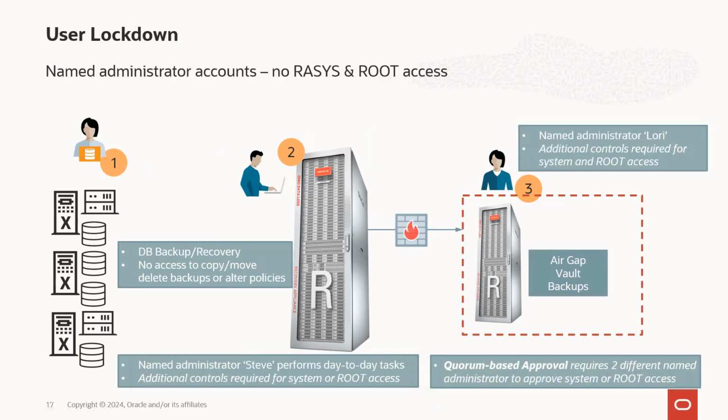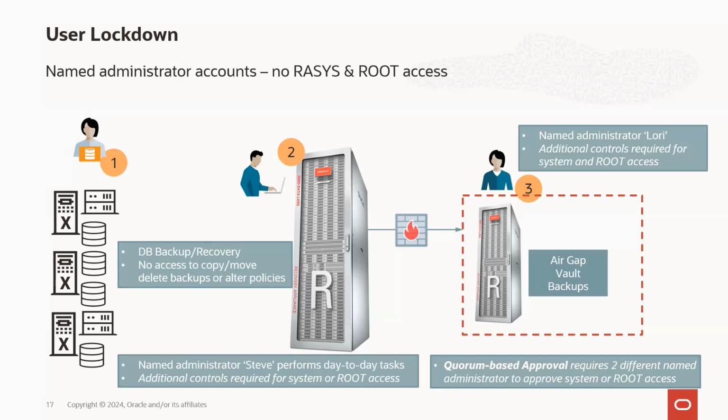The other thing is a user lockdown. A lot's been done to ensure that the recovery appliance is protected, the backups are protected, and changes to the recovery appliance aren't done without that being logged and without having a quorum on it. That was something that came out in the last year: the named administrator accounts on the recovery appliance and quorum-based approval.